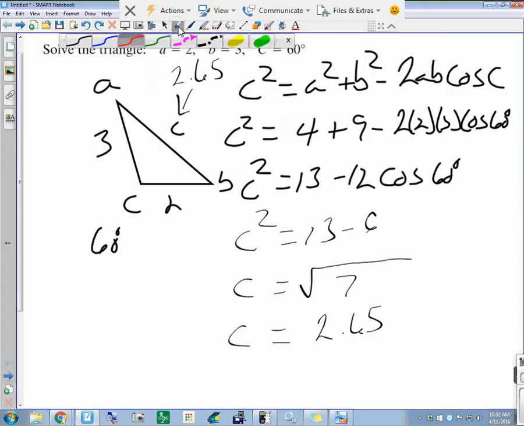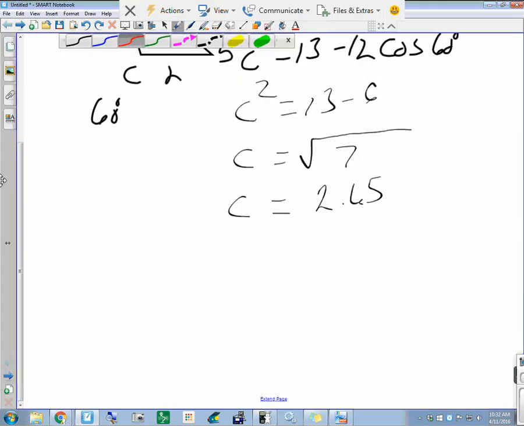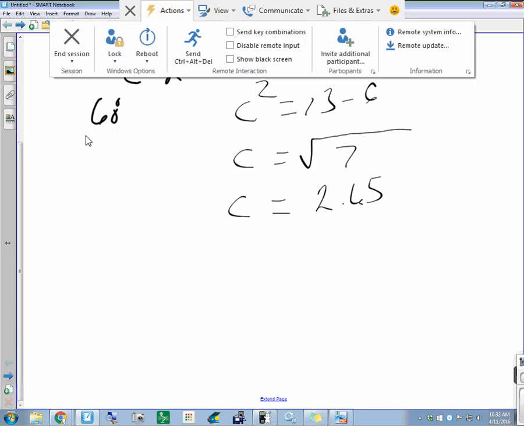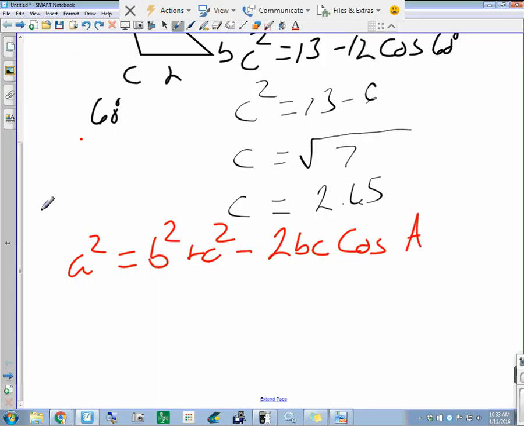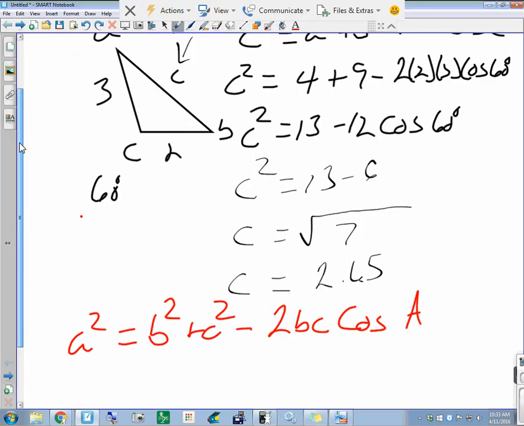So that means if I am going to be using this on A, I need to make sure that I end up with the rule for the law of cosines that is dealing with A. So that means I've got A squared is going to be equal to B squared plus C squared minus 2 what? BC cosine of A.